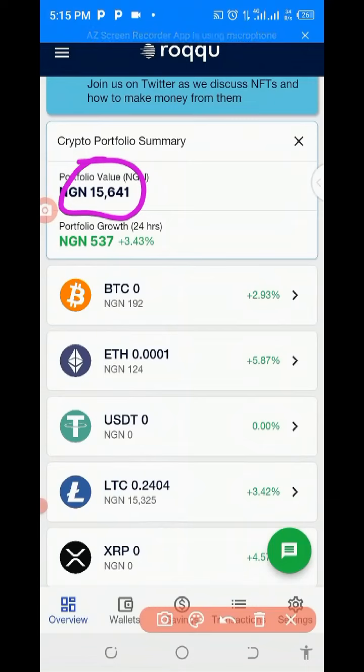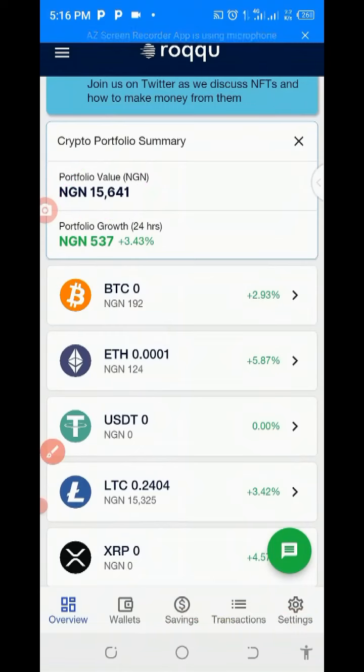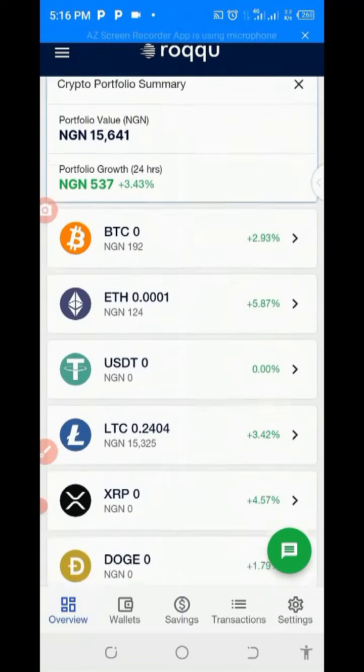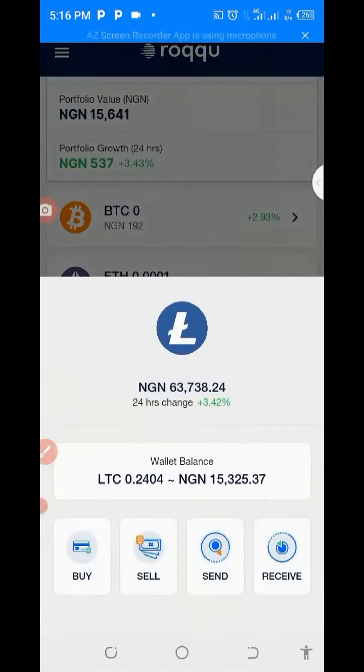My Litecoin is 15,641. As at yesterday, this money was 13,400. But now it is 15,641.